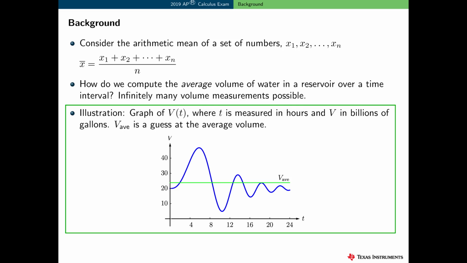This figure shows a graph of V, the volume of water in a reservoir over the time interval 0 to 24 hours. It seems reasonable that there is some number, here the average volume, over the time period, maybe near the value V sub average. Now the question is, how do we find that value?